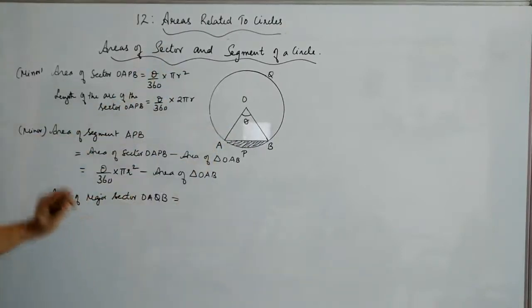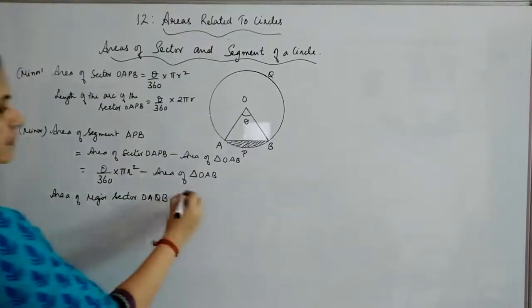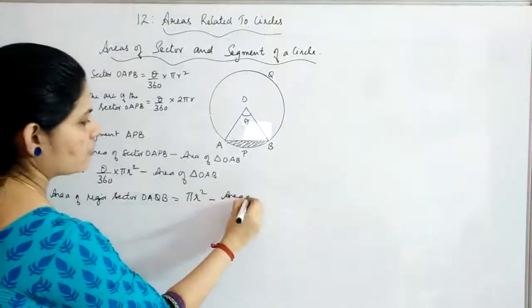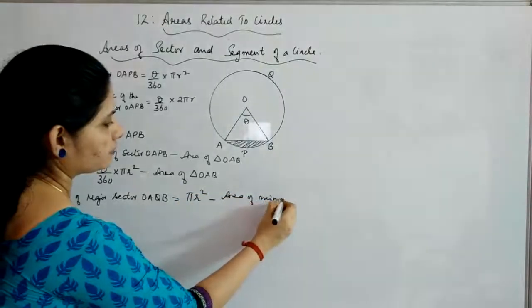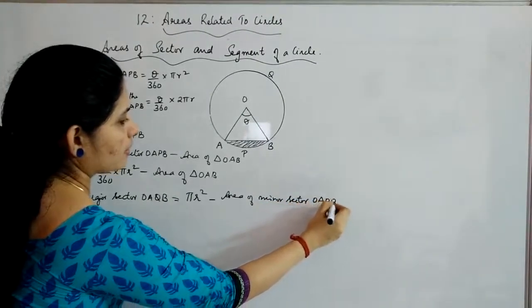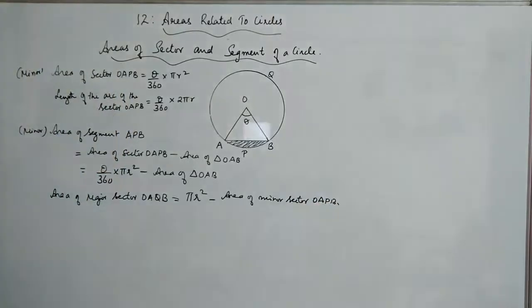So from pi r square, you have to reduce the area of the minor sector OAPB. That is pi r square, the area of the circle, minus area of the minor sector. Clear? That is pi r square minus theta by 360 into pi r square. Then you can take pi r square in common and make it pi r square into 1 minus theta by 360 also.